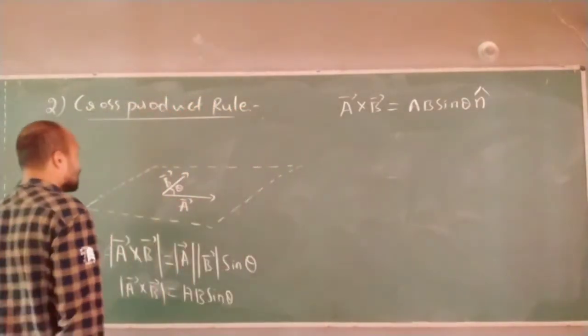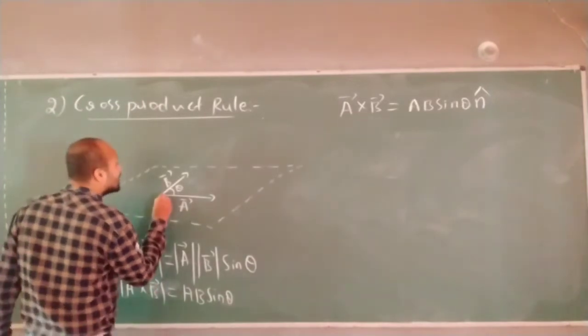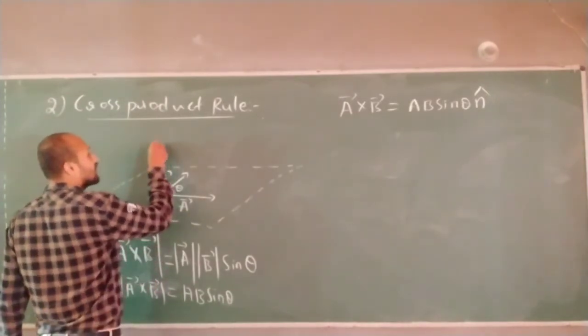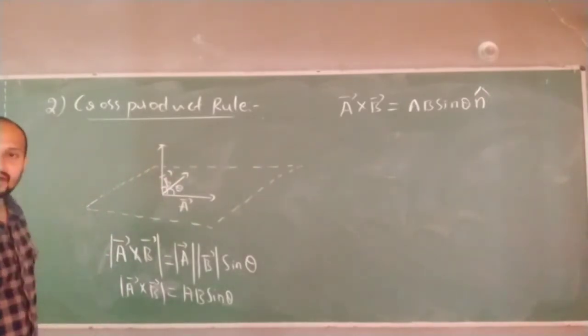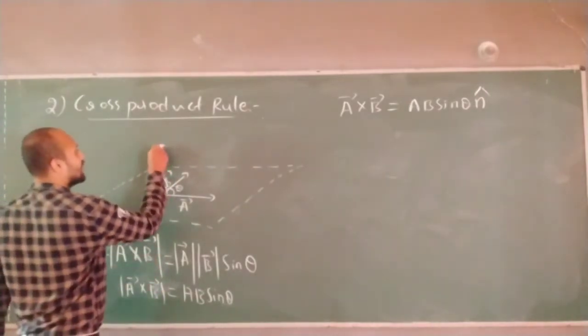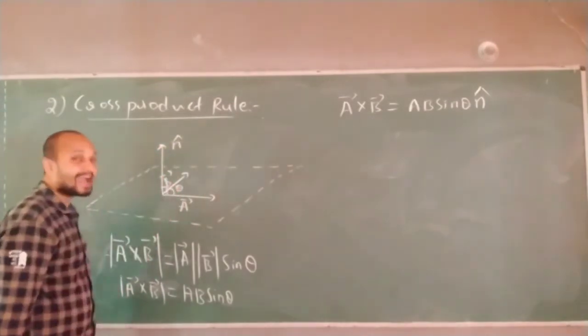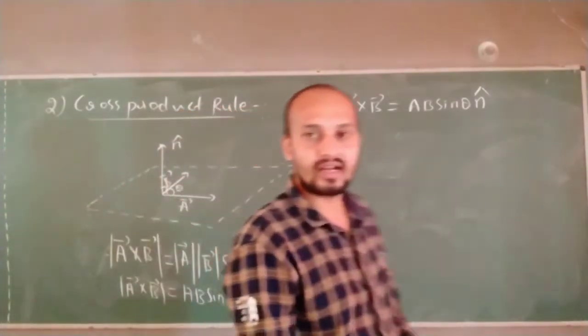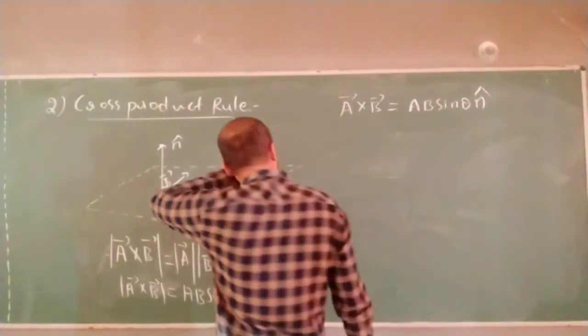Correct now? So, what is the direction of n cap if you ask me? It will be perpendicular to both vectors A and B. Are you understanding? The direction of n vector will be perpendicular to both vectors A and B. Try to understand. Sir, whether it is upward or downward, how to say?